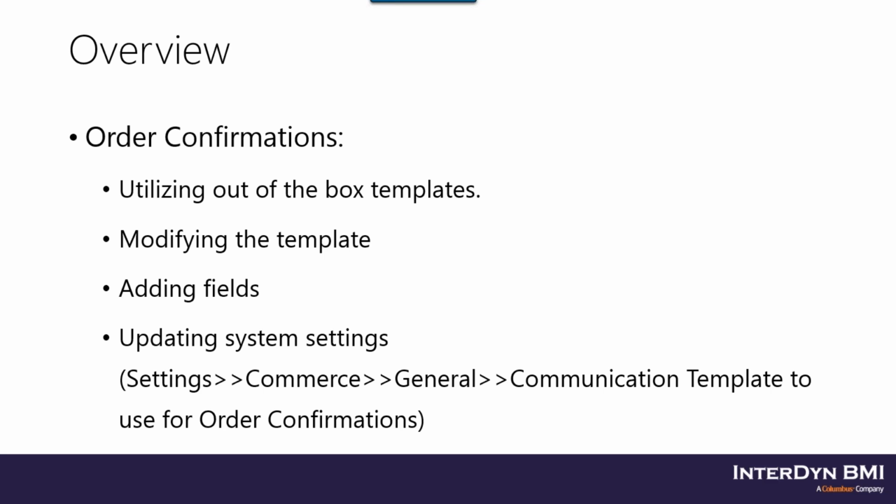And then if I wanted to update it from the one that's out of the box, I can set that to my new order confirmation and have it begin using that. The one it uses out of the box has some ASI branding, iMIS branding, where of course you'll want to tailor this to be more in line with your organization.